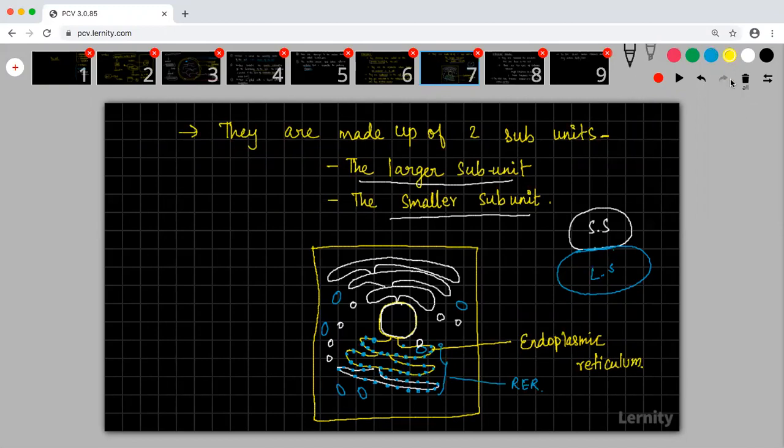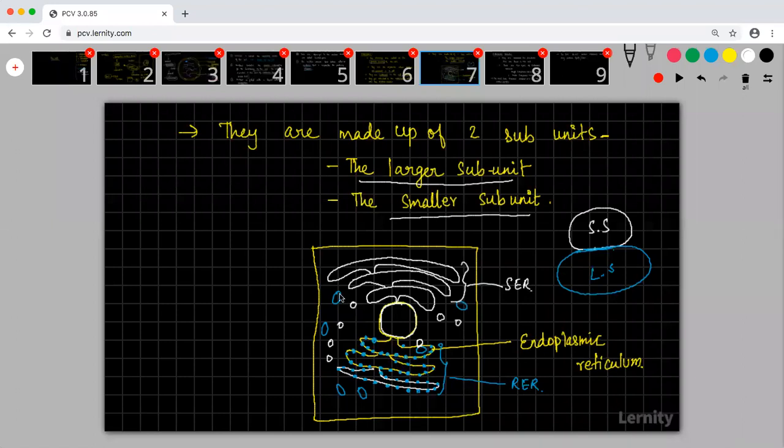Whereas here I am not having any such thing, so this will be called the smooth endoplasmic reticulum. Whenever it is associated with the ribosome, we call the endoplasmic reticulum the rough endoplasmic reticulum.